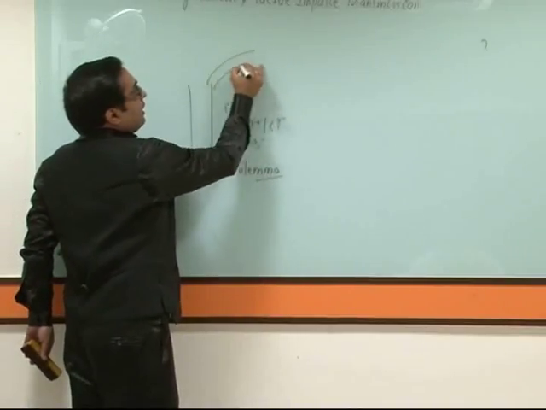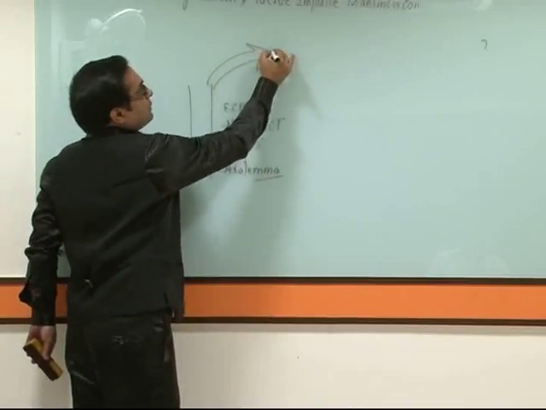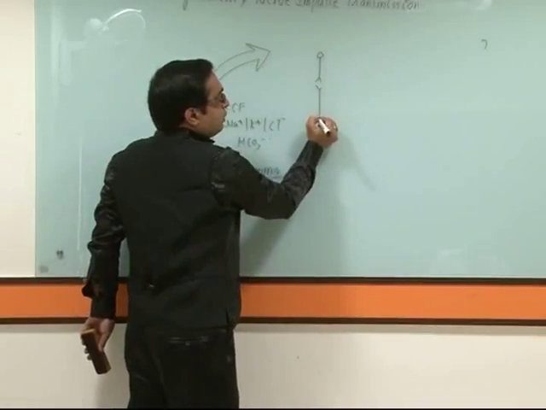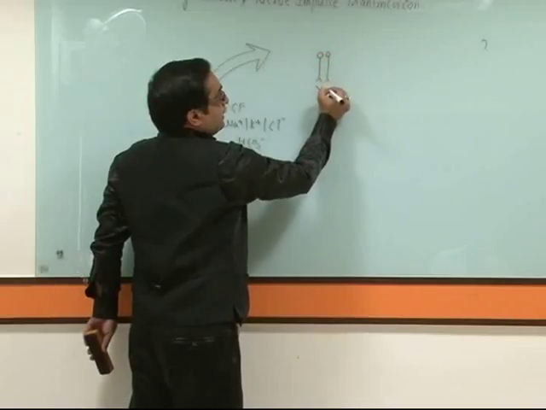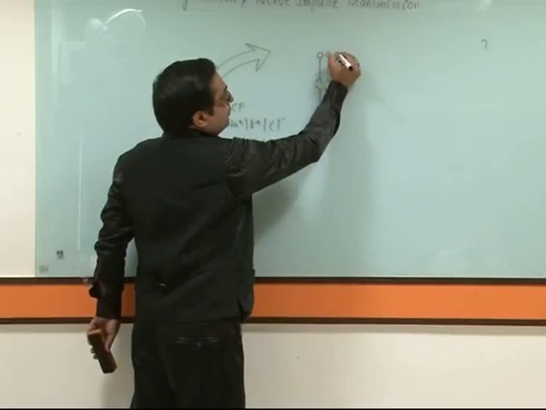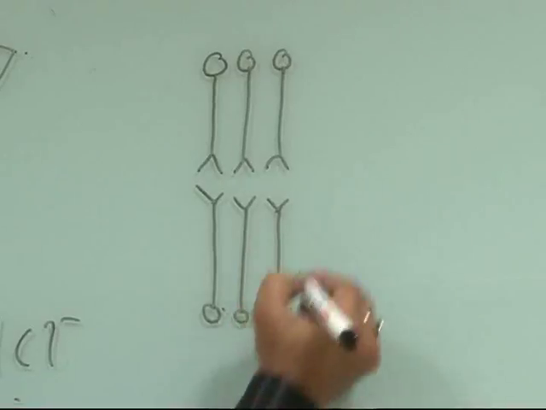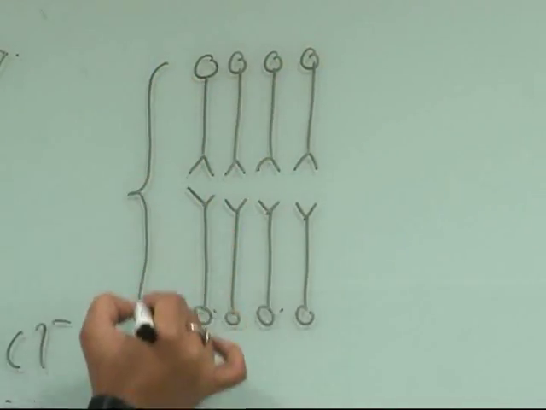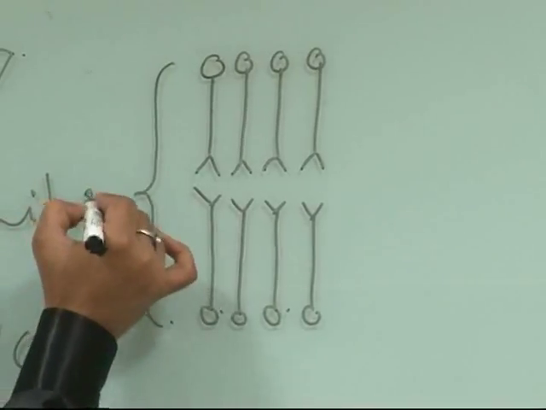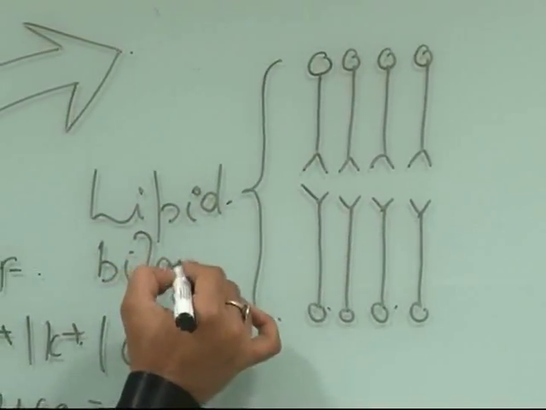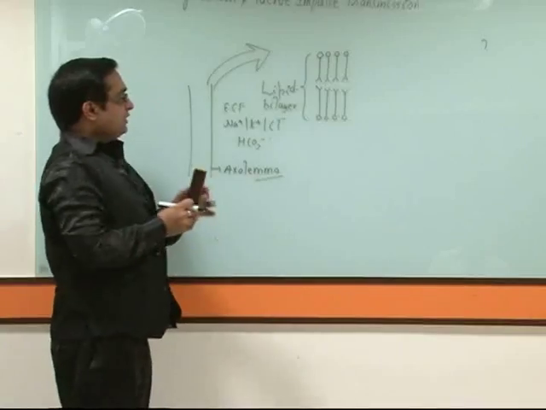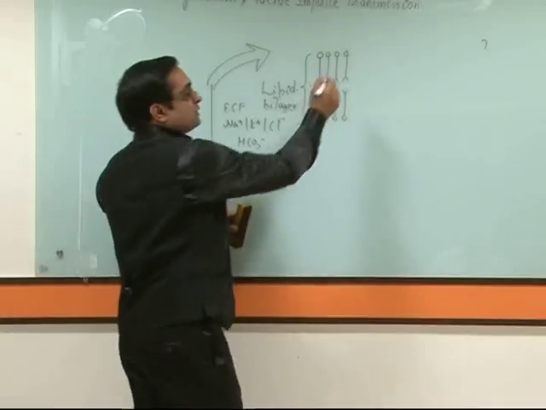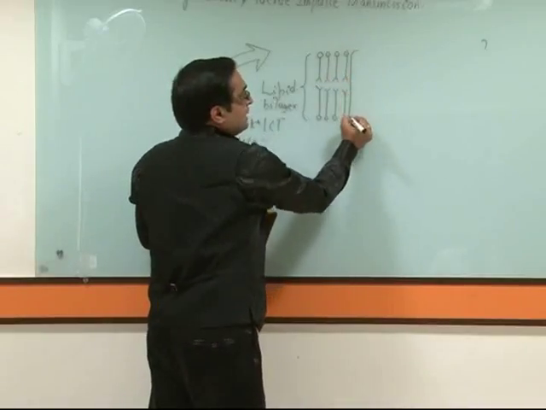If we see enlarged view of axolemma, we find that it is a bilayer of lipids. These are lipid molecules with hydrophilic and hydrophobic ends. This lipid bilayer is an insulator. Lipids are not going to allow the exchange of these ions.